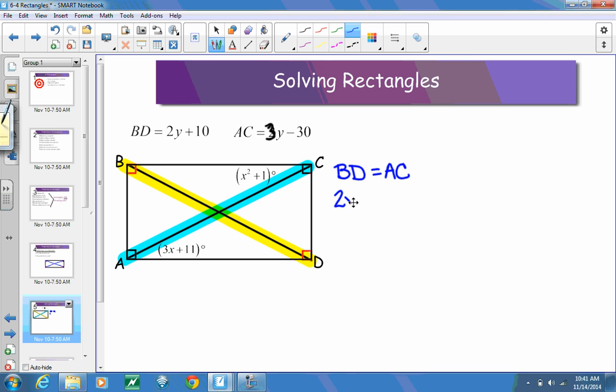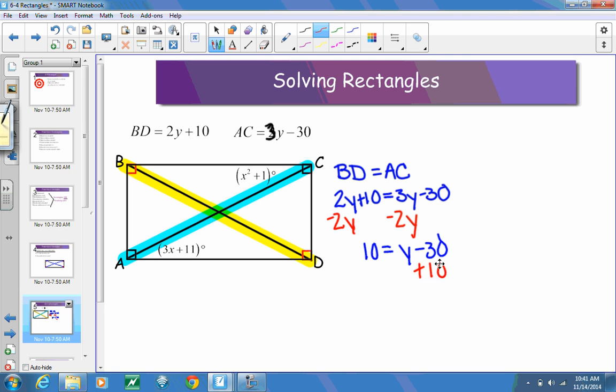So that means that 2y plus 10 has to equal 3y minus 30. If I solve, subtract the 2y from both sides, 10 is equal to y minus 30. Add 30 to both sides. And here we end up with y is equal to 40. And so that's because the diagonals are congruent to each other.